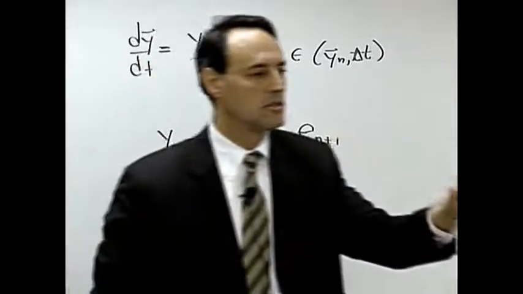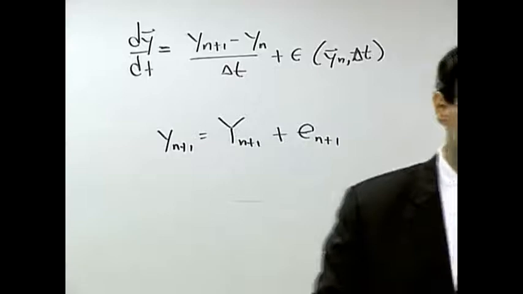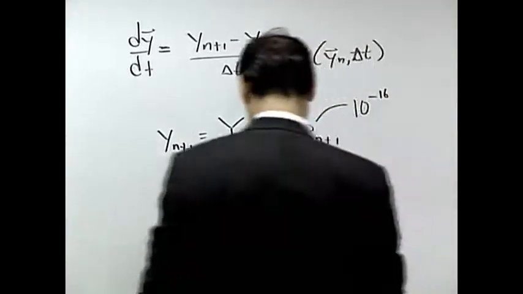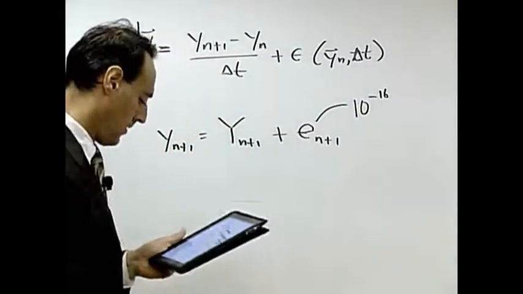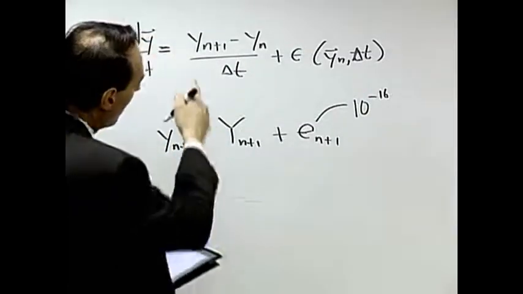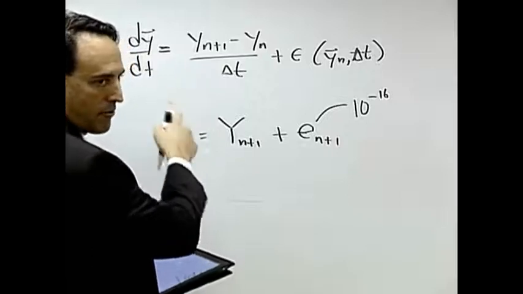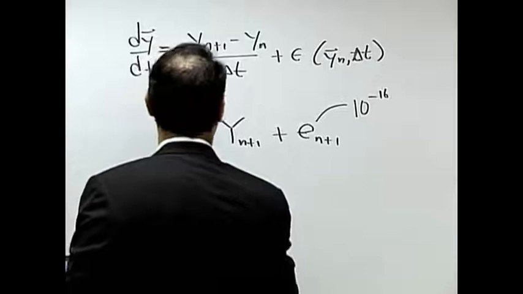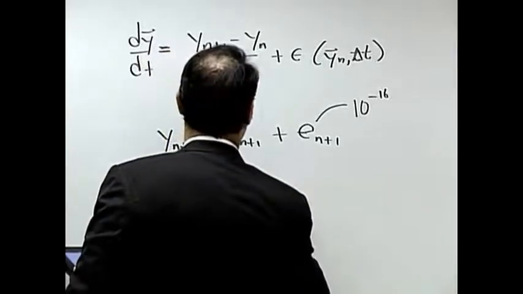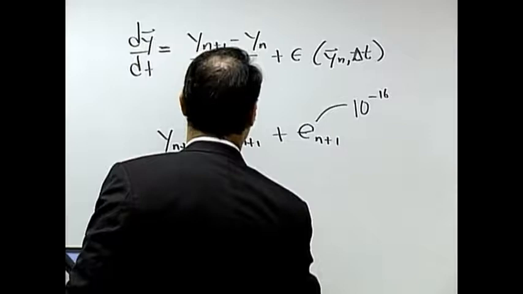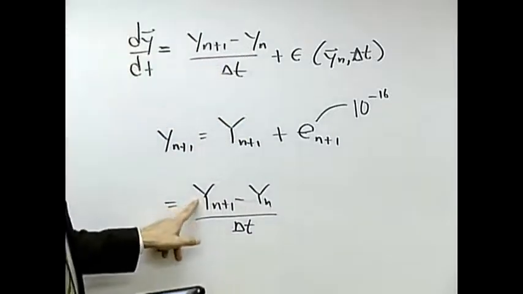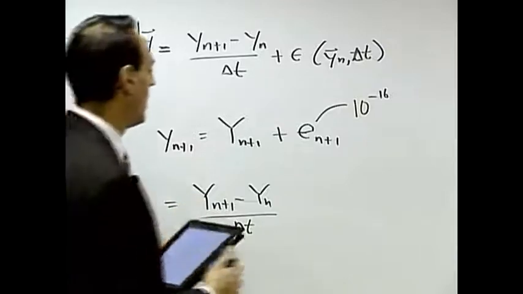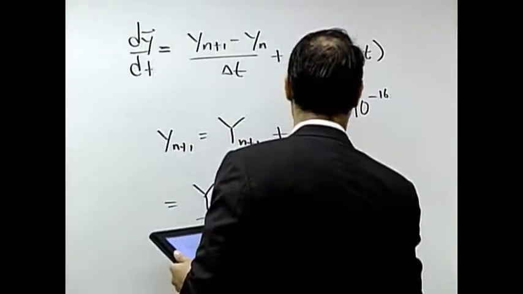It only represents numbers to 16 decimal places. Okay? So when I go to think about evaluating that formula right there, what I really do is I evaluate it with some numerically generated numbers, which are not quite right. They're close, 10 to the minus 16, plus some error.